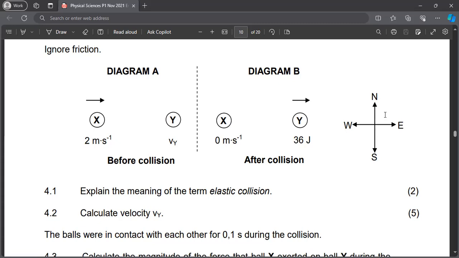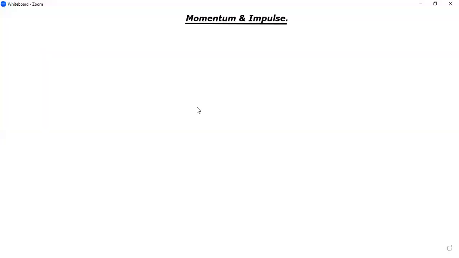Then the next question says, calculate the velocity Vy. But before we can do that, firstly, we need to find the final velocity of object Y, ball Y to be exact. So let's go and do that. In order for us to find this velocity, it comes from the definition of kinetic energy.